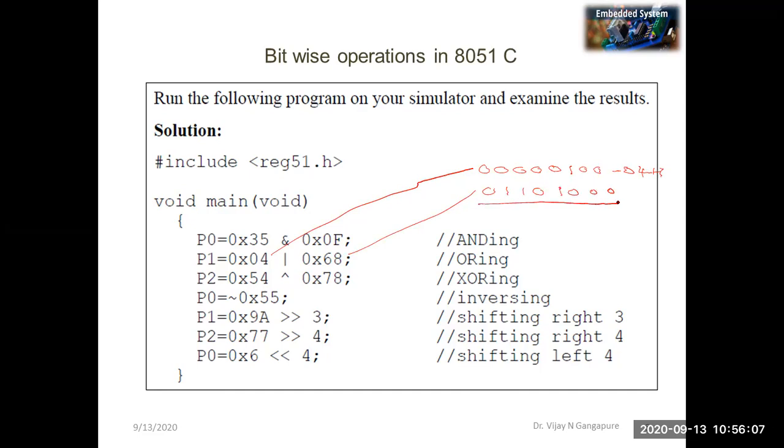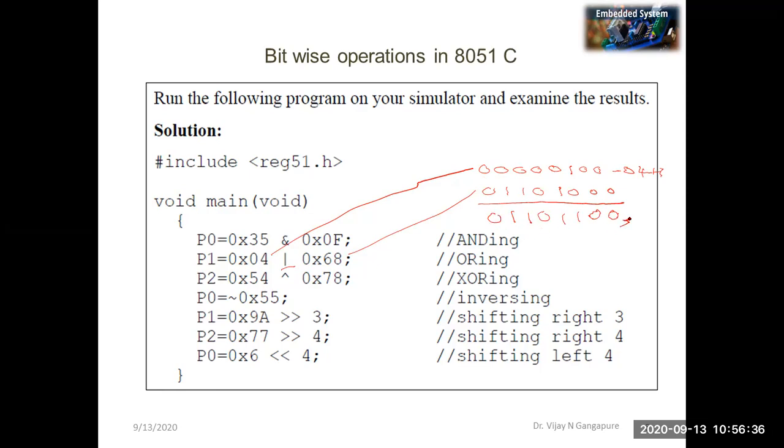Now between these two bytes, 04 and 68, there is a bitwise OR operation. Between these two bits 0 0, bitwise OR produces 0. Again 0 0 produces 0. 1 0 produces 1. 0 1 produces 1. 0 0 produces 0. 0 1 produces 1. 0 1 produces 1, and 0 0 produces 0.